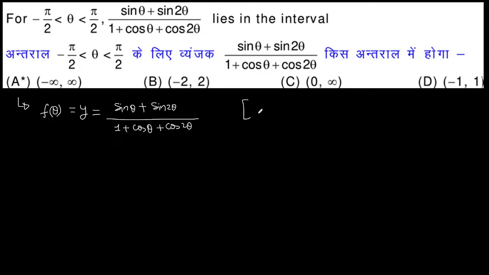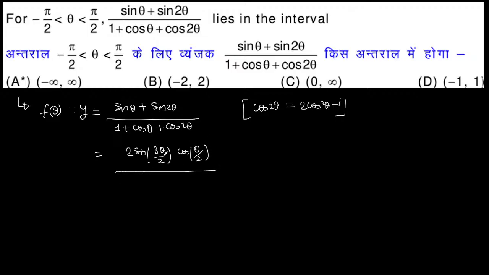We remember that cos 2 theta is equal to 2 cos square theta minus 1. So if we do sin C plus D, we have 2 sin C plus D by 2 cos C minus D by 2. At the bottom, 1 plus cos 2 theta is nothing but 2 cos square theta, plus cos theta.